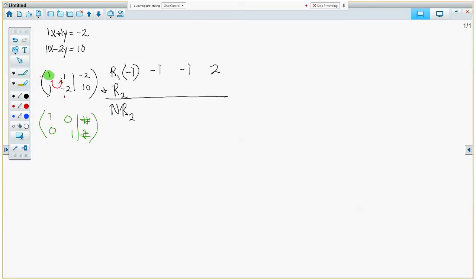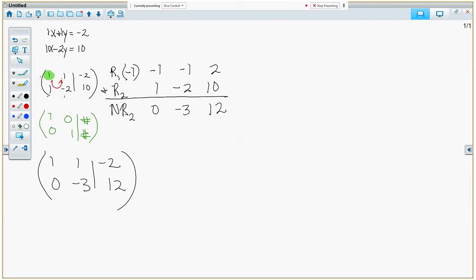Take my row 2, 1, -2, and 10, and add them. -1, hey, there's our 0. -1 times 3, and 2 plus 10 is, so that's my new what? Row 2. So now I rewrite my matrix. 1, 1, -2, and put in my new row 2, 0, -3, and 12. And there's my new matrix.